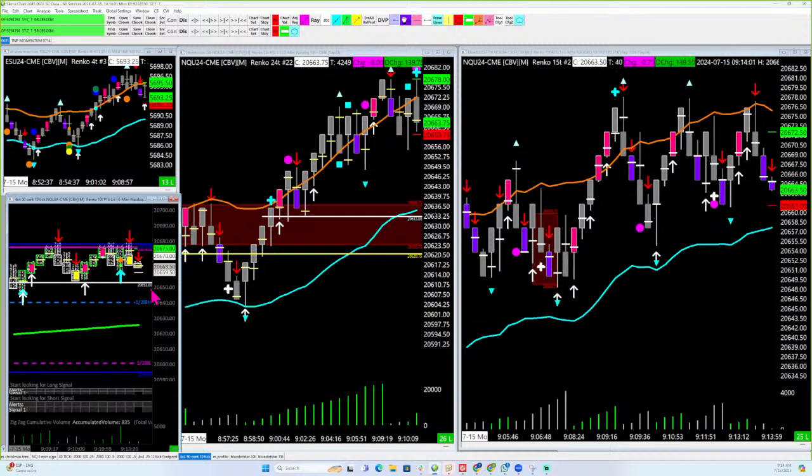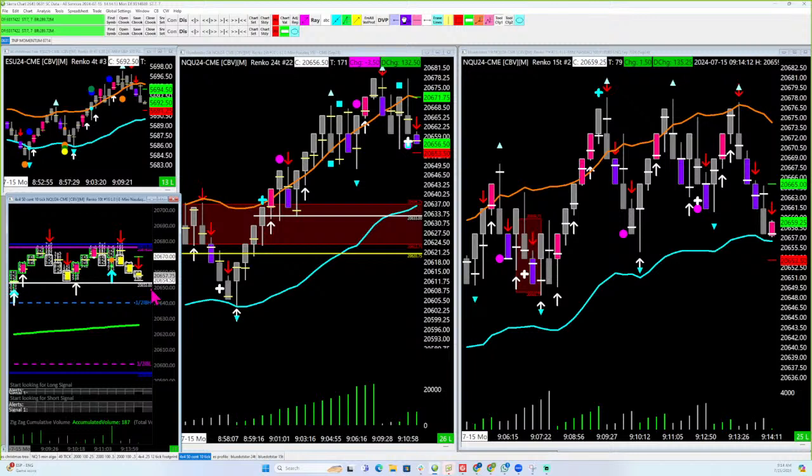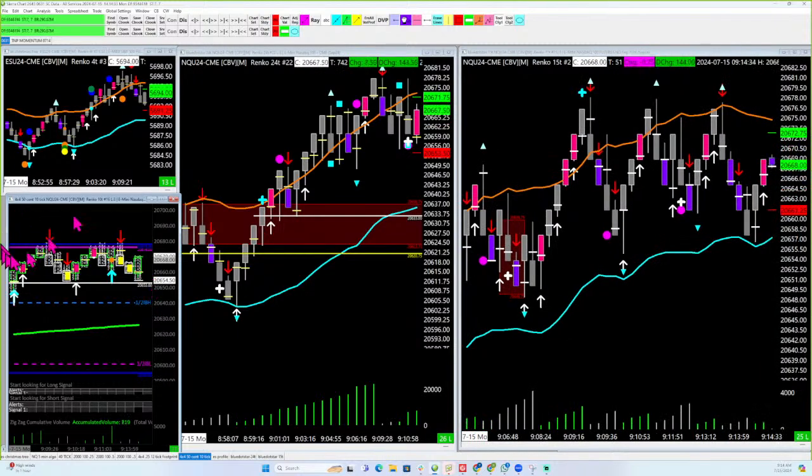Chop, chop. In a very tight range. Chop, chop. No motion, no rotation. So be cautious, guys. It's just whipping back and forth.